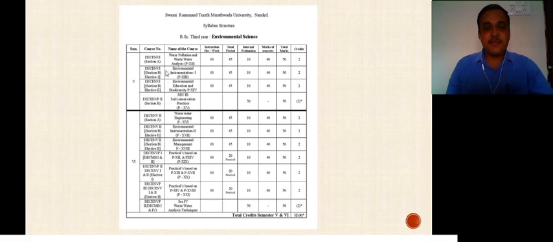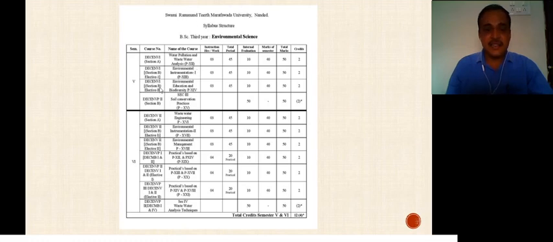In the same way, paper number 13, which is called an elective paper, that is Environmental Instrumentation paper first, has the same instruction hours or periods, and the marks for internal and semester examination, total marks and credits are also the same as mentioned in the earlier paper.